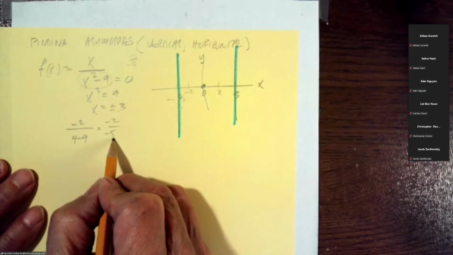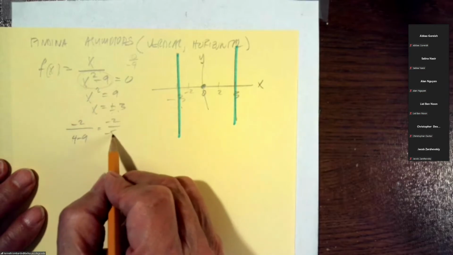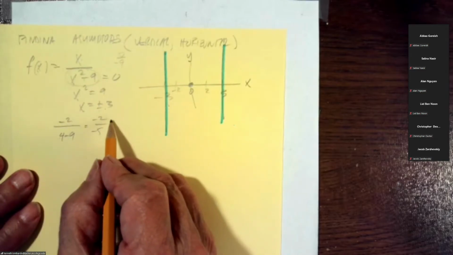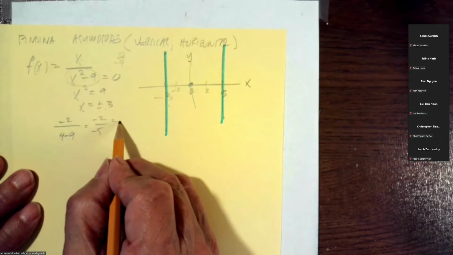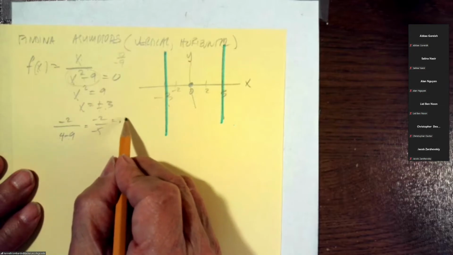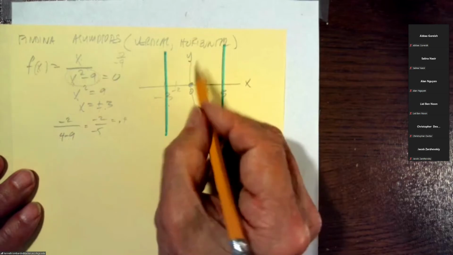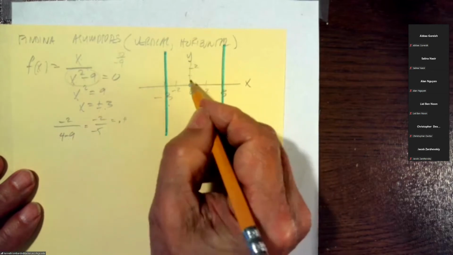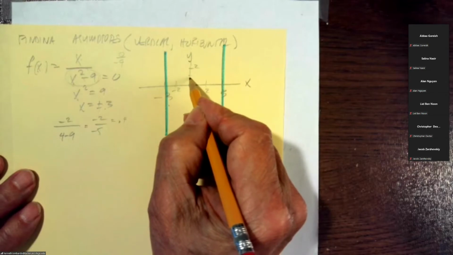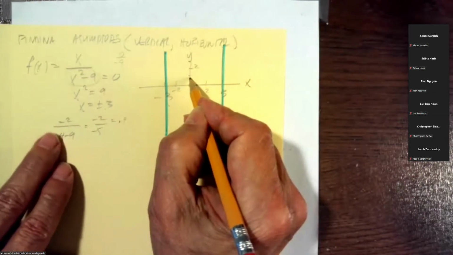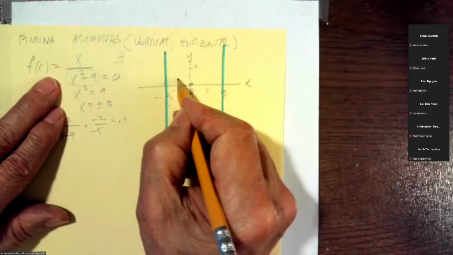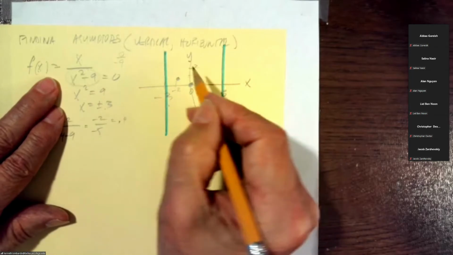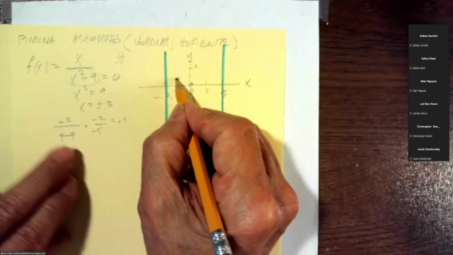So that's negative 2 over negative 5, which is positive 2/5, which in decimal form is 0.4, isn't it? So it's a positive 0.4. So if I say this is 2 and that's 1, 0.4 is less than half of that. So when x is negative 2, we're right here. So here's negative 2 and 0.4.